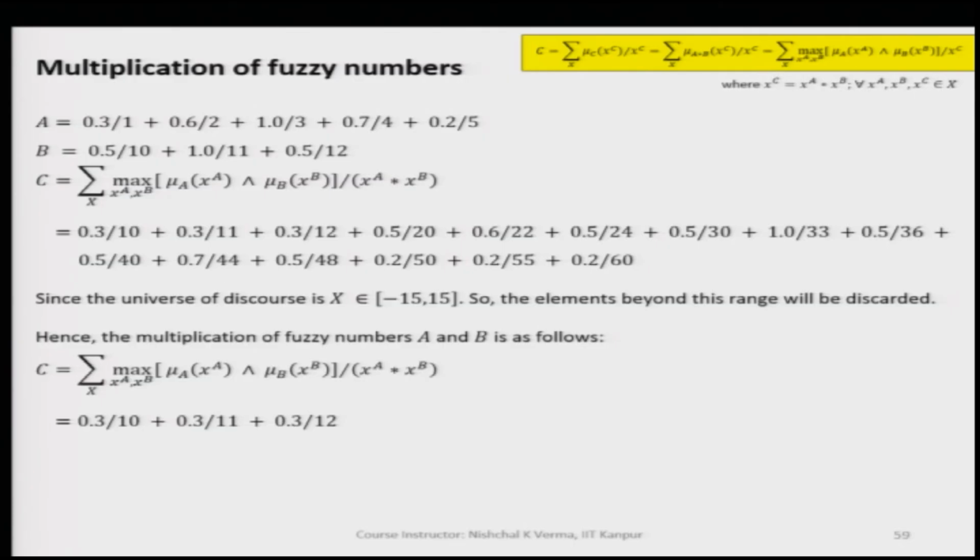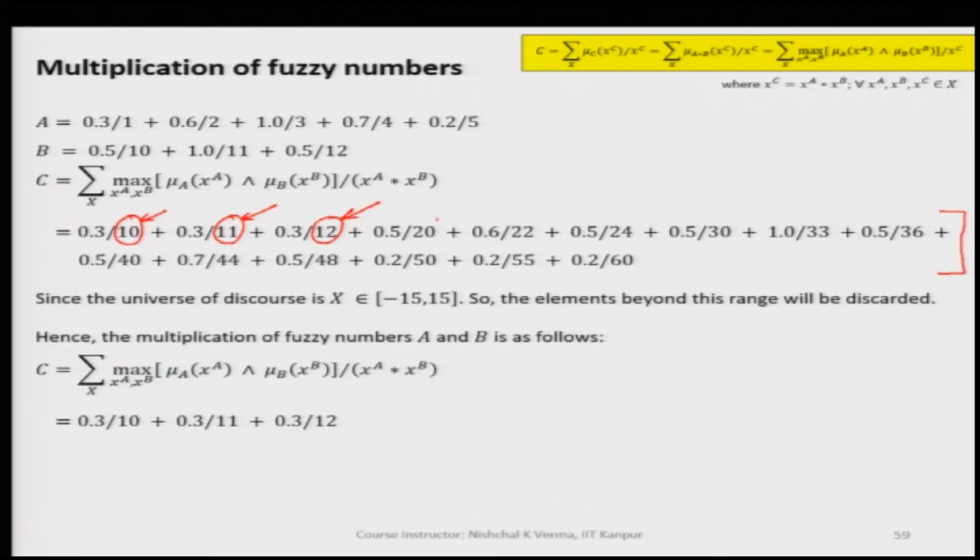So, if we look at this expression, we see that we have generic variable value 10, which is within the universe of discourse, 11 which is within the universe of discourse, 12 which is within the universe of discourse. Like that, these generic variable values are within the universe of discourse.